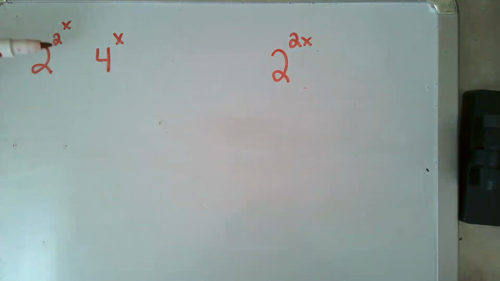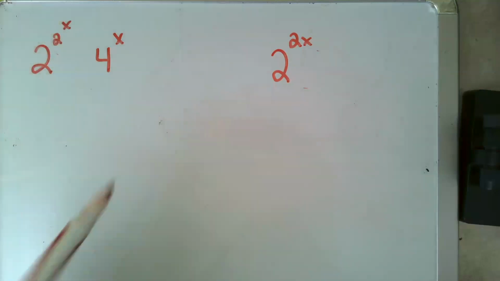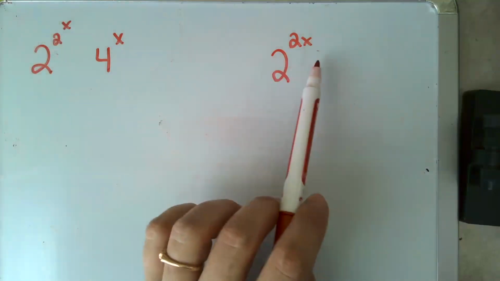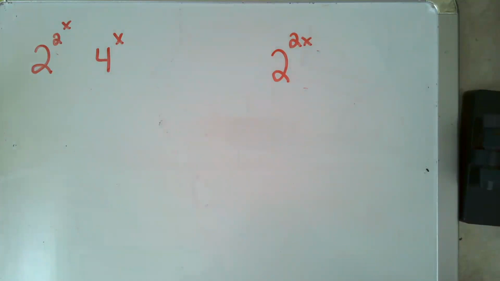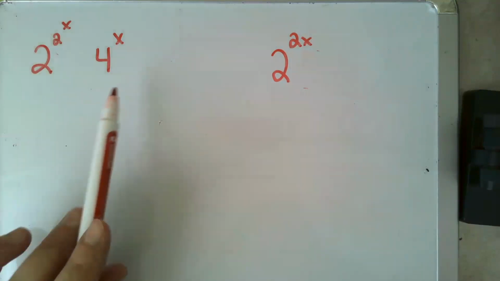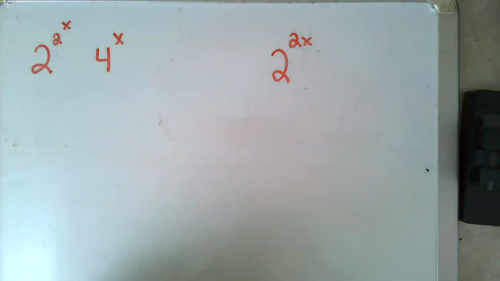So the rules of exponents say when I'm raising a power to a power, I do multiplication between those two exponents. So the base would stay the same, but I would multiply the two exponents. So that's where we get 2 to the 2x. And in the previous video, I had said, well, let's start with 2 to the 2 and then raise that to the x. So the question is, are these the same thing?